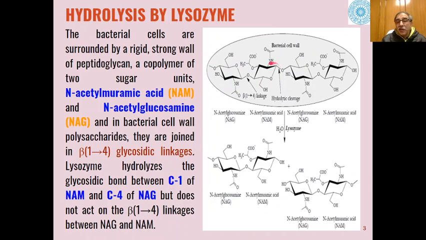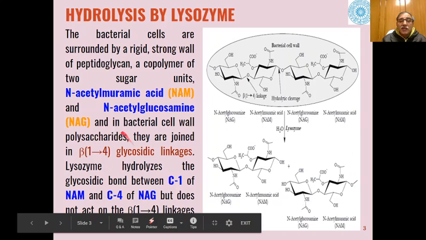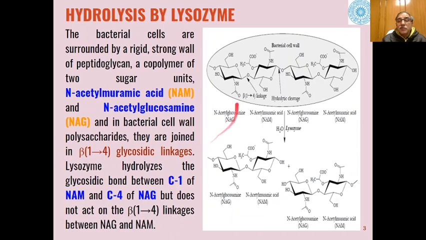The repetition of NAG and NAM will form the bacterial cell wall in the form of a polysaccharide, and these NAM and NAG are joined by beta 1,4 glycosidic linkage.